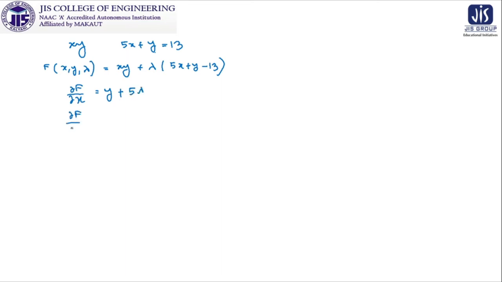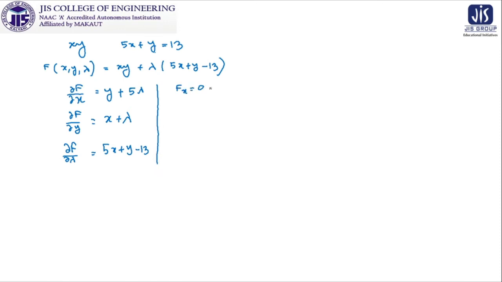Del F del y will be calculated. It will be x plus lambda, and del F del lambda will be calculated, which is nothing but 5x plus y minus 13. Simple partial differentiation of this whole equation. Now all of them have to be equated to 0.